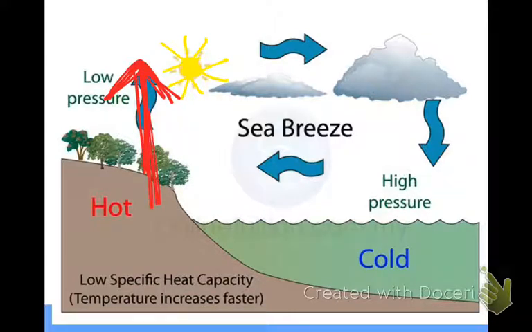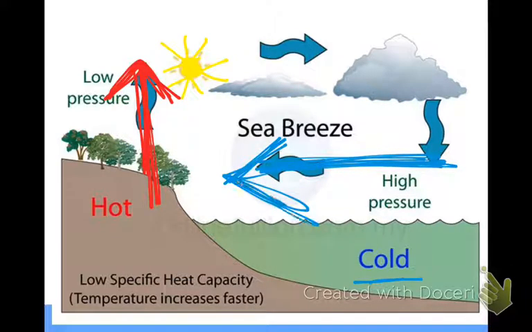Now, during the daytime, is the water going to be warm or cold? Well, according to this picture, as you see, that water is going to be very cold because water takes a long time to heat up. So this is going to have cool, dense air that is sinking down. That cold, dense air is then going to move in and take the place of all that rising air over the land.